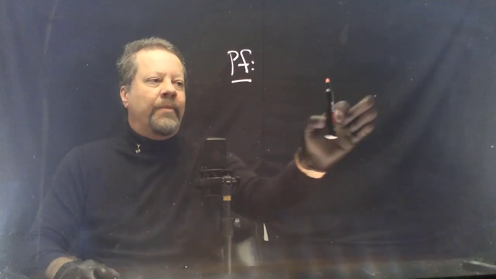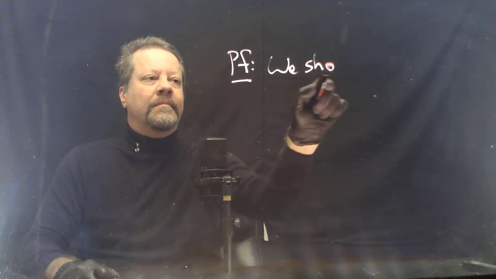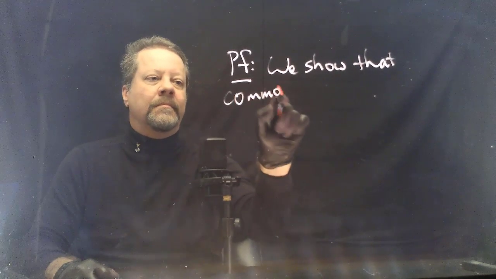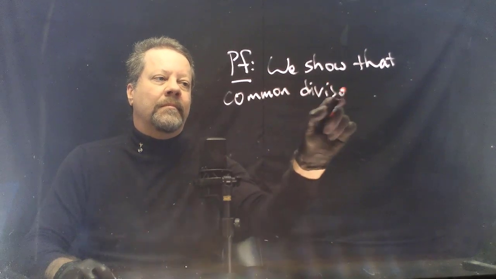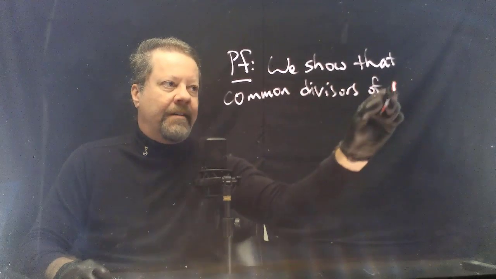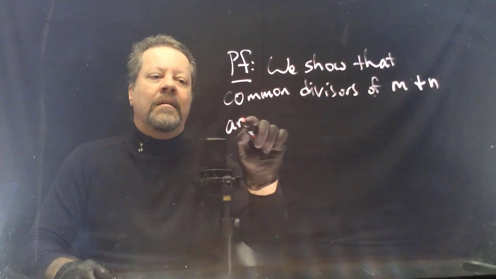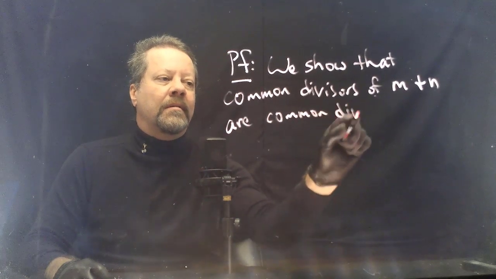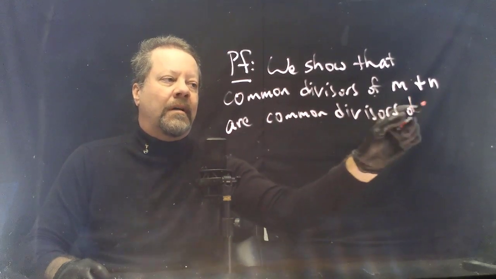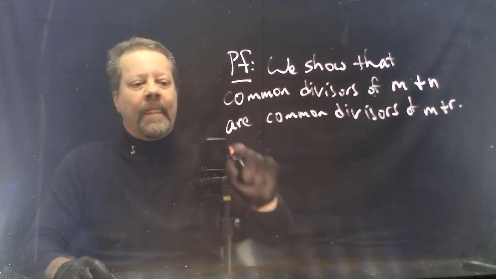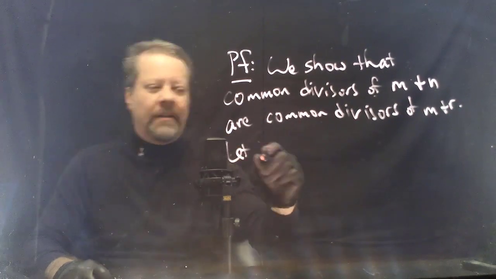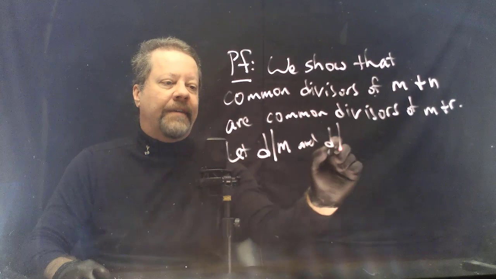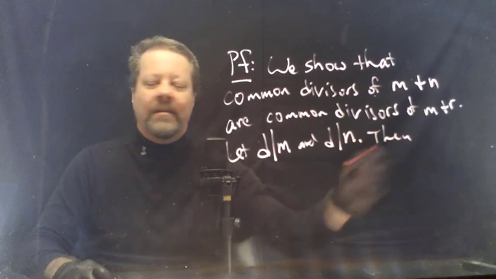In the proof, we show that common divisors of M and N are common divisors of M and R. So let D divide M and D divide N. What does that mean?